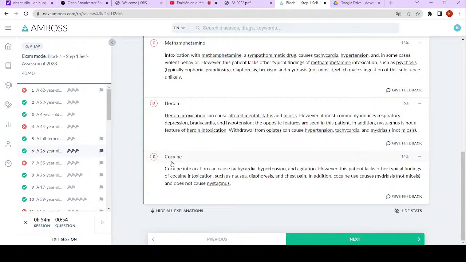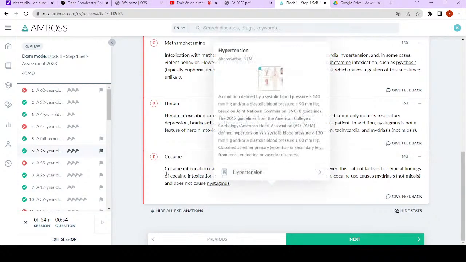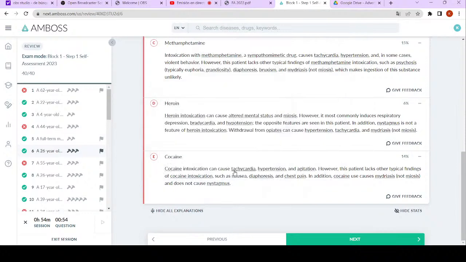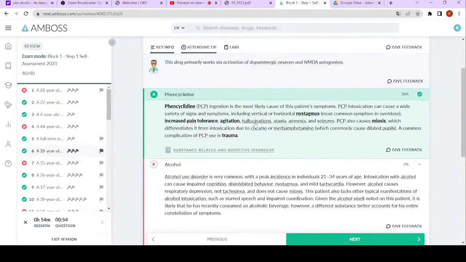Withdrawal. Cocaine, as I told you, causes mydriasis, that's not the case here, because here we have meiosis, but also tachycardia, hypertension, agitation can be, but there's nausea, diaphoresis, chest pain, not nystagmus. So there are a lot of things in common, but the one that fits the most is phencyclidine. So that's the answer.